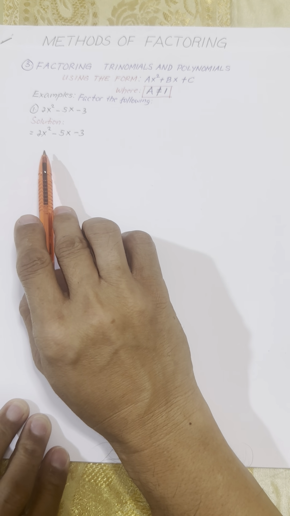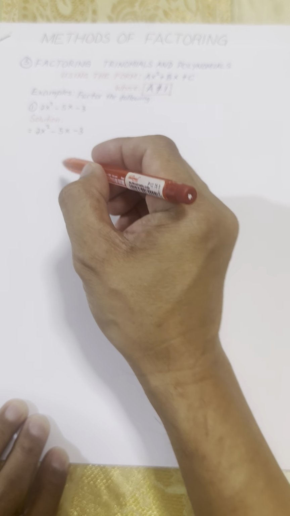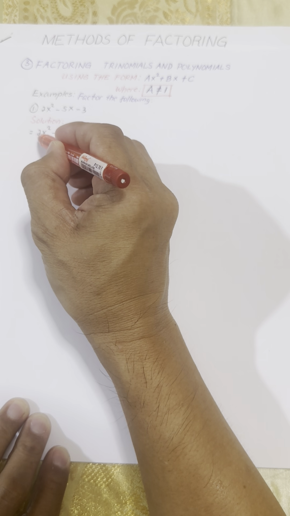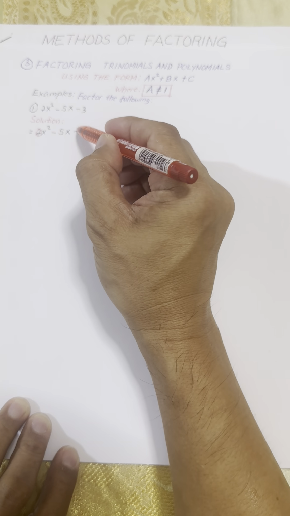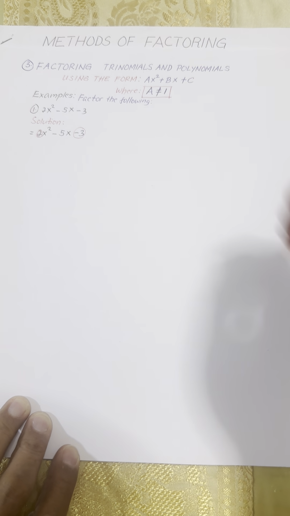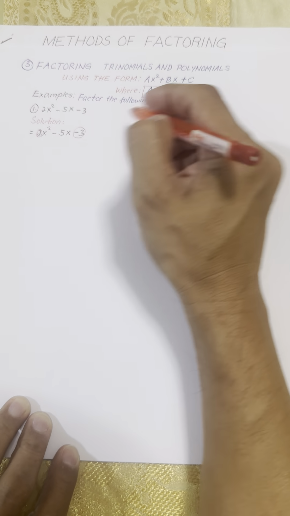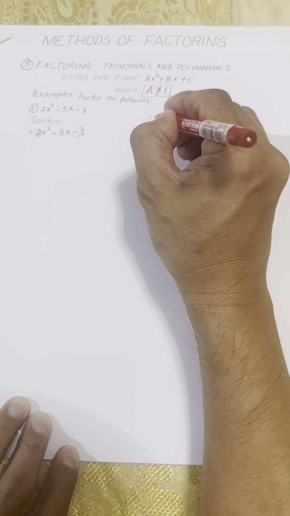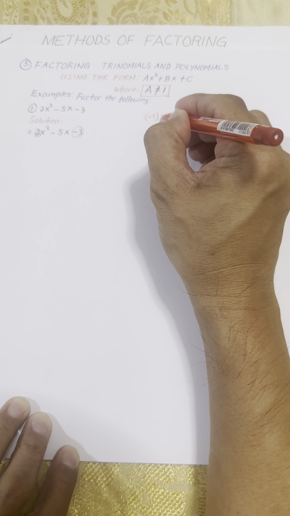Then after that, what we need to do is to consider the coefficient of the first term, that's the coefficient of the first term and also the third term of the given trinomial. So you just multiply this minus 3, the third term, by the coefficient of the first term, which is equal to 2.